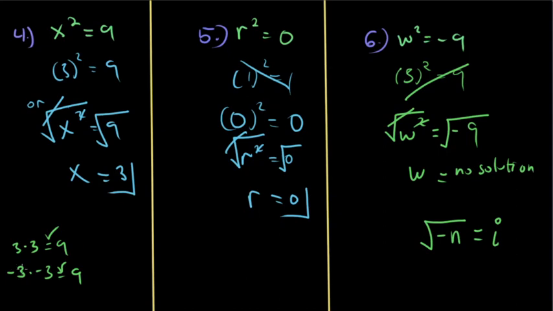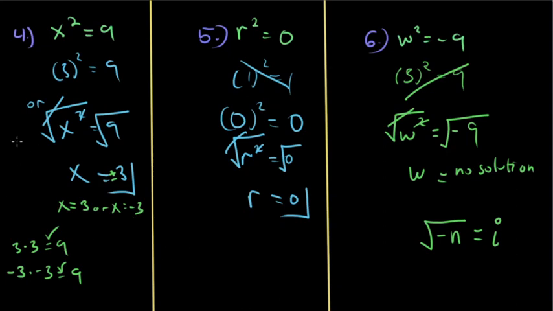So kahit negative pa yan, basta parehas silang negative, positive din yung sagot. So hindi lang pala positive 3 ang sagot dito, pati si negative 3, which means yung sagot natin dito kulang. Dagdagan natin ng plus and minus sign, positive and negative sign sa unahan. Or pwede mong expand yan. The values of x can be positive 3 or negative 3.